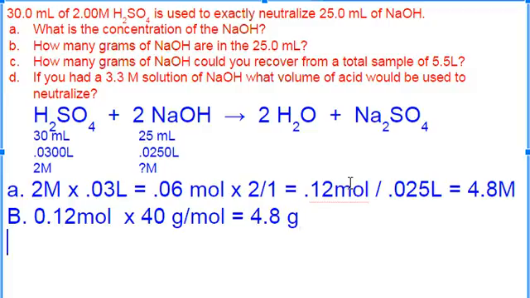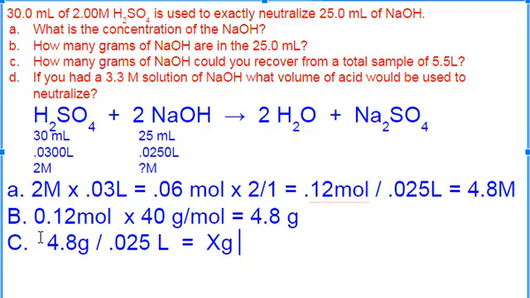Then C wants to know how many grams of NaOH could I recover from a sample of 5.5 liters? Well, I could just set up a simple ratio for this. I know that 4.8 grams would be expected in 0.025 liters, so I can set that equal to X grams in 5.5 liters.